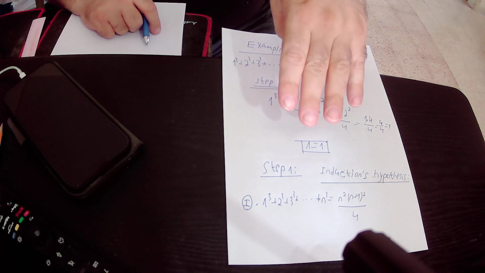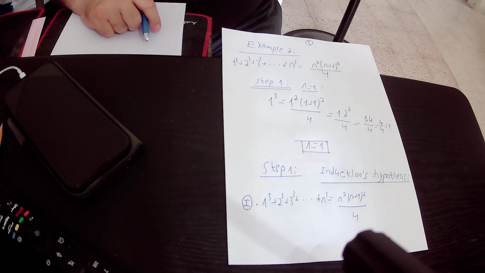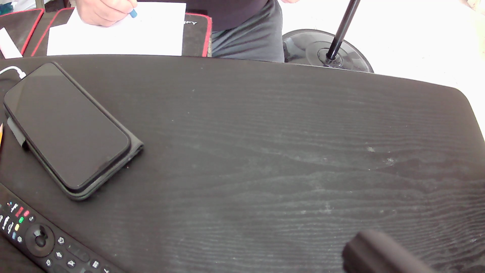And we will rely on this assumption in order to prove that our statement is true for n plus 1, okay? So the second expression will be an expression for n plus 1, and we must prove that our statement is true for n plus 1.